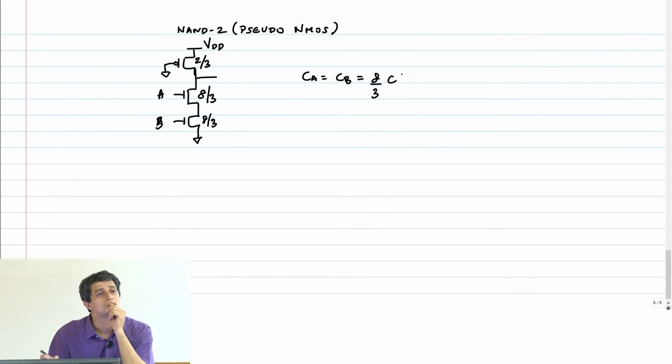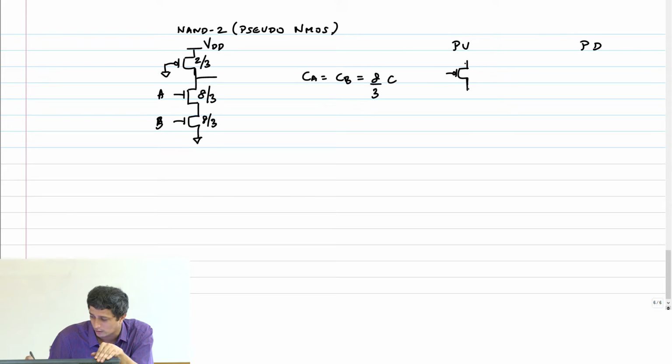So how do you do that? Again you have to construct the reference inverter, right? For pull up, pull down. So the pull up static CMOS inverter is like this. What should the PMOS size be? 2 by 3.